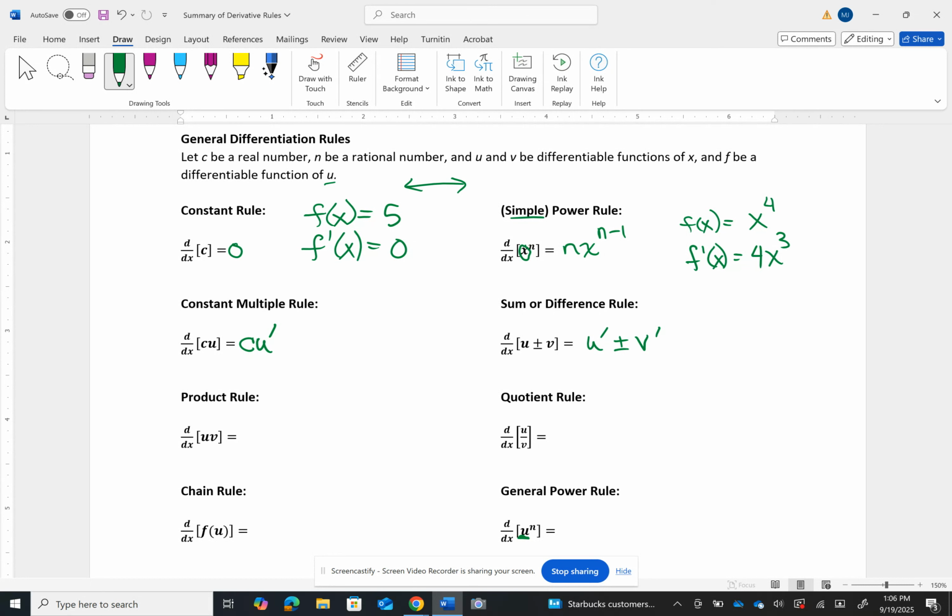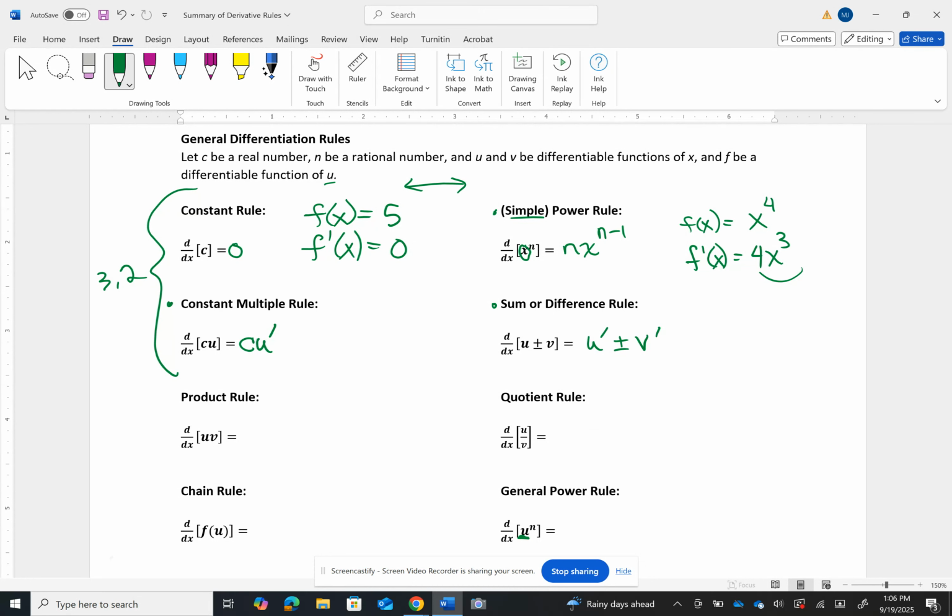So really, these three right here are going to be what allows us to quickly find the derivative of a polynomial, because polynomials are just sums and differences of a bunch of terms that look like 4x to the 3rd. Those 4 there at the top, you do those in section 3.2. So we'll look at this in section 3.2.